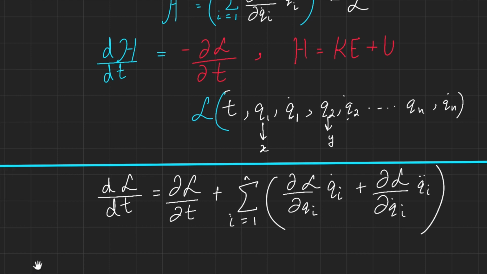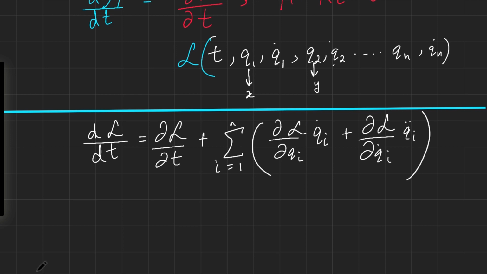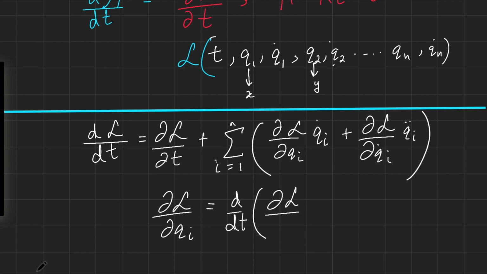Right, so what we're now going to do is use the Euler-Lagrange equations for this Lagrangian. We know that for this Lagrangian, the Euler-Lagrange equation would be partial L over partial qi equals the time derivative of partial L over partial qi dot for each coordinate axis. So that would be for i equals 1, 2, 3, all the way up to n.